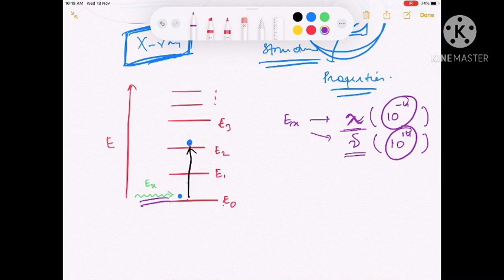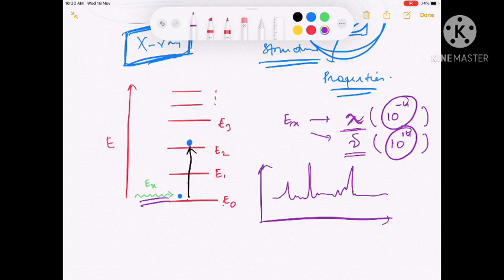Now this will give rise to a spectra. When we put this in the spectrophotometer, we'll get a spectra like this. From this spectra we can find the different properties.